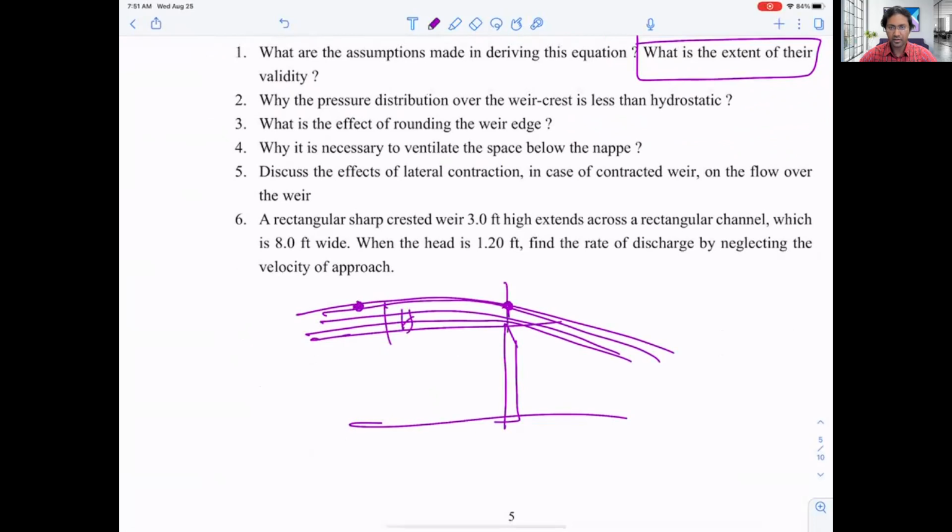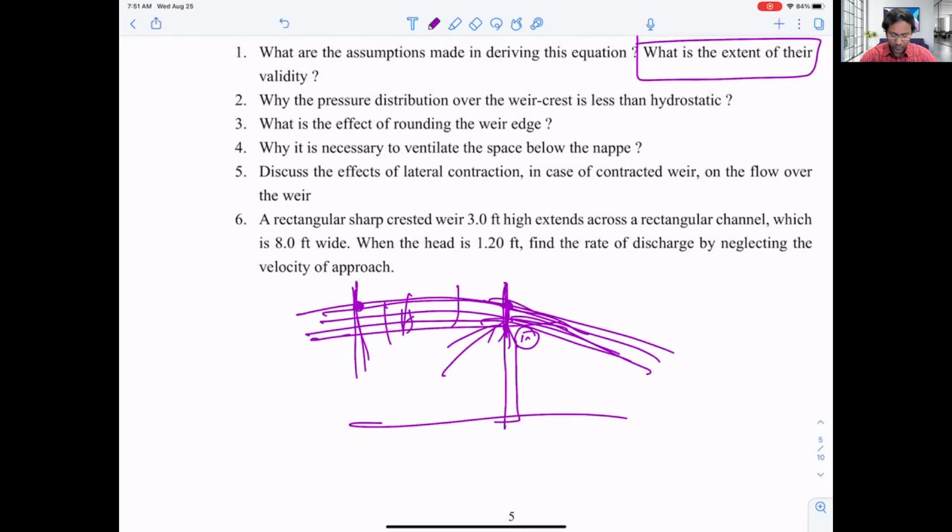If we apply the total energy, we have velocity here, we don't have velocity there. We are assuming hydrostatic everywhere, but in reality it won't be hydrostatic because the flow is converging, and these are also converging, and we have the nappe here, with air trapped under it. Because of this, over the weir crest the pressure won't be hydrostatic because of that inclined surface.